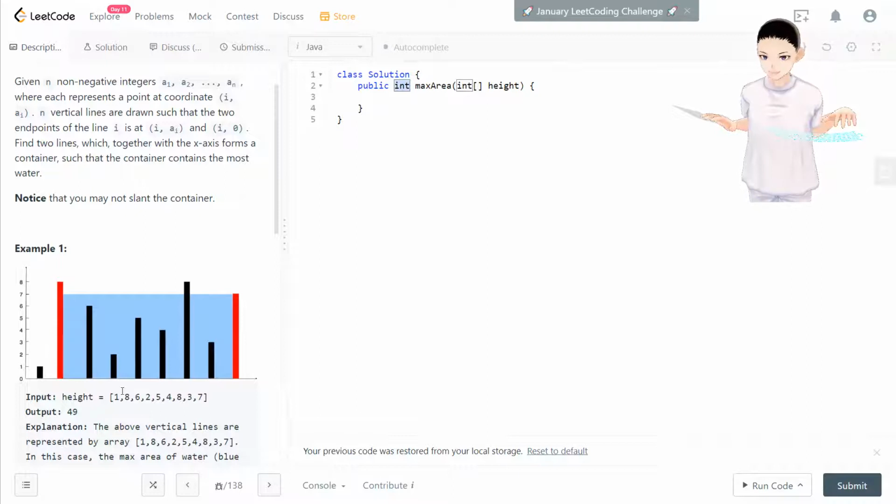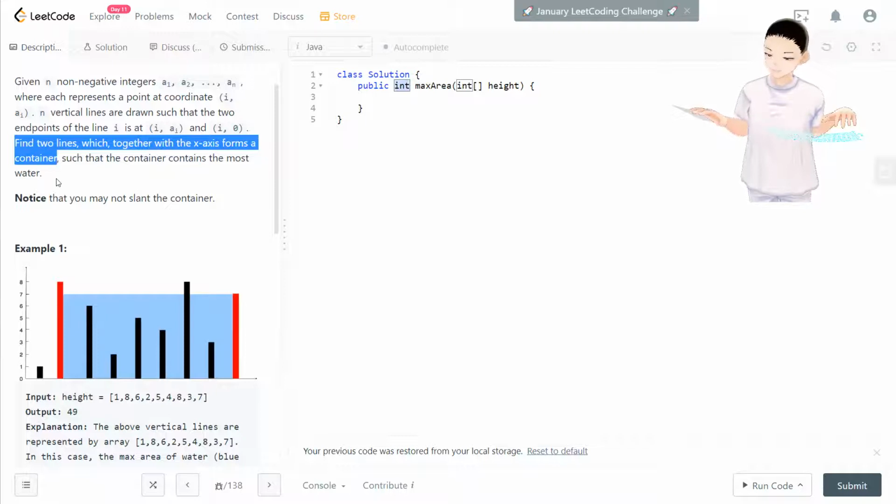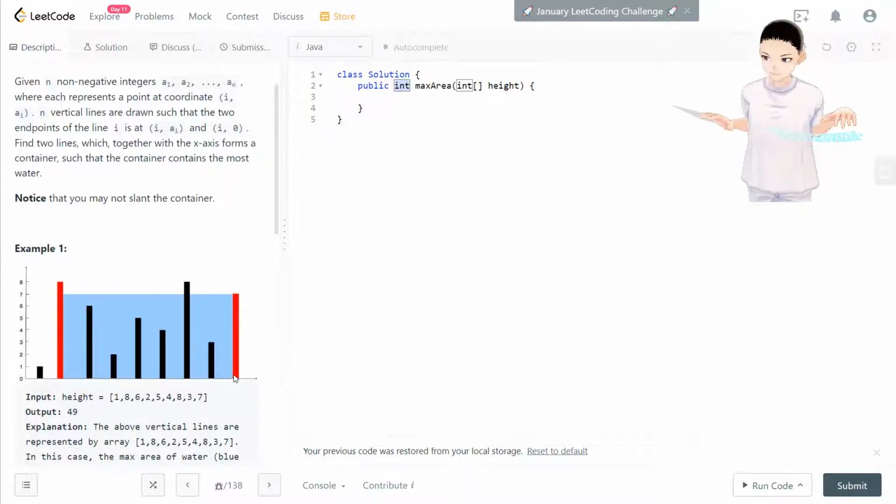And the water that can be trapped, the description is for two lines which, together with the x-axis, form a container. What that means is, for example, in this case, these two lines trap the maximal water.